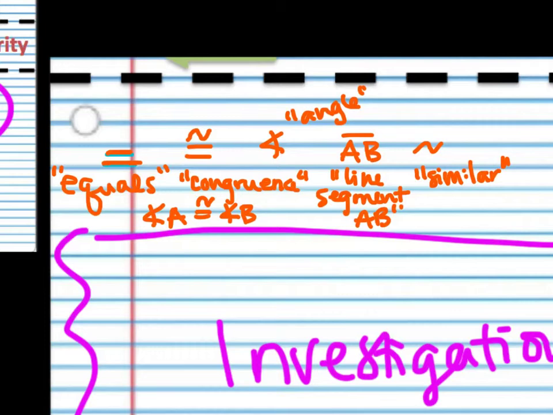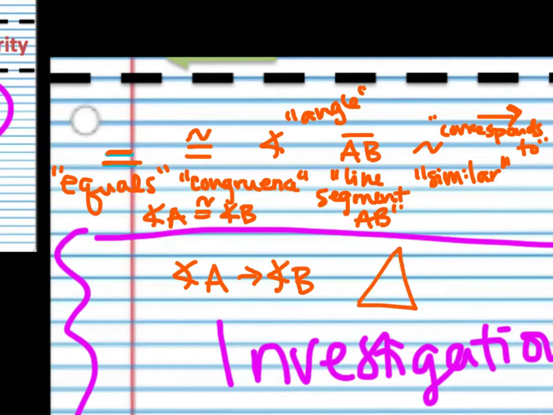And our last symbol is this, just an arrow. That arrow means corresponds to. So this is corresponds to. If we were to say, I'm going to put my little quotation marks, if we were to say angle A corresponds to angle B, that means we're looking at angle A on one triangle and angle B on another triangle, and we are making conclusions about those two angles.